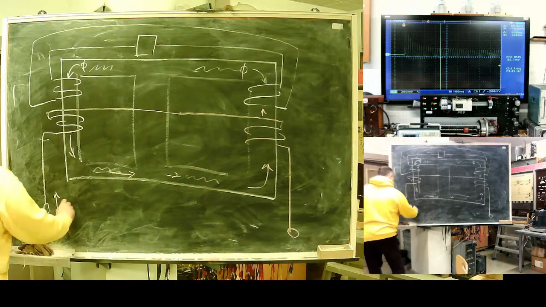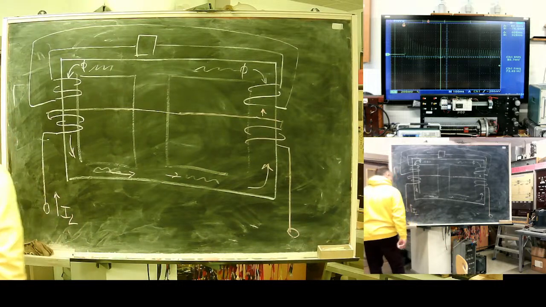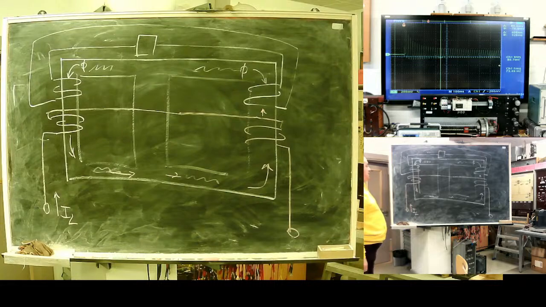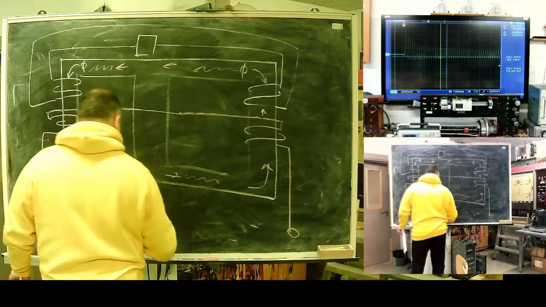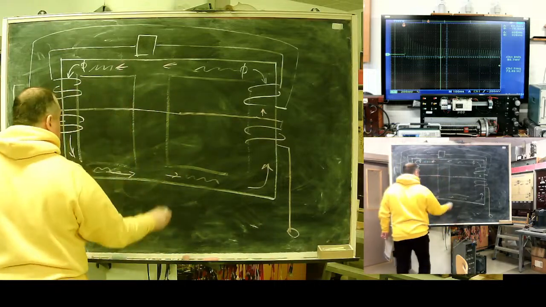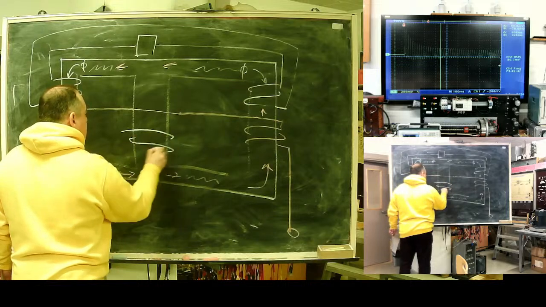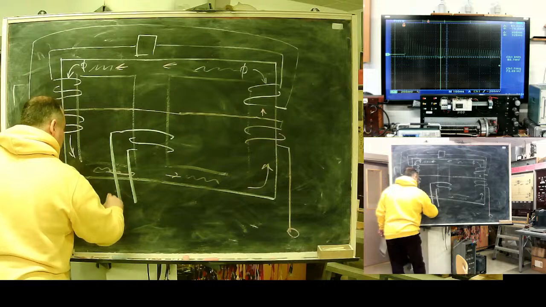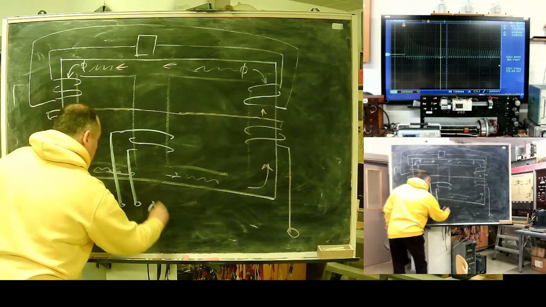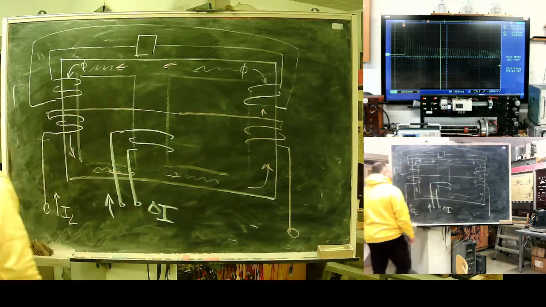You can use, for example, a set load current here. It produces circulating flux. And on the central core sits an operation winding for differential current.